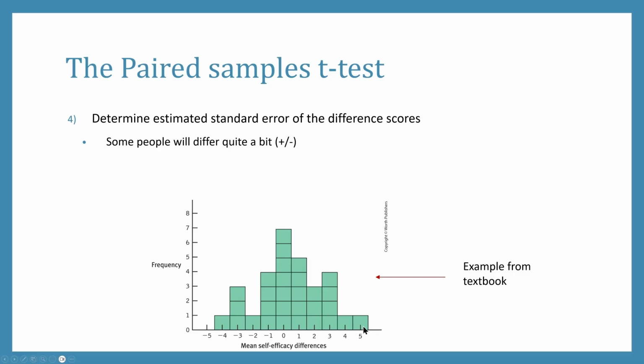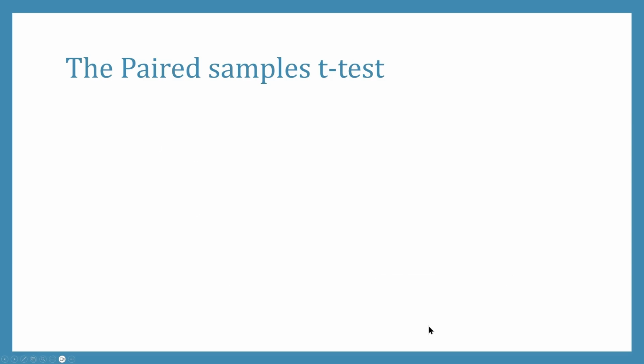Some people are going up +5, some of them are going down 4, and then some people are not going to differ at all. So we're going to see a distribution here. And this is what we can do to estimate the standard error. So we can take this difference and get a measure of standard deviation and use that to estimate in the population what would this actually look like.